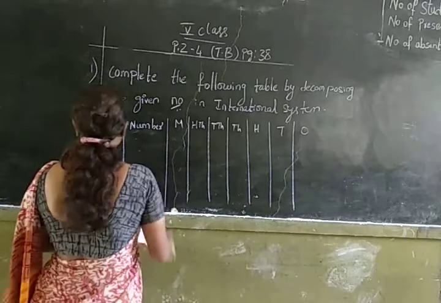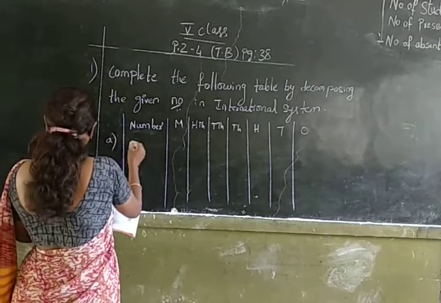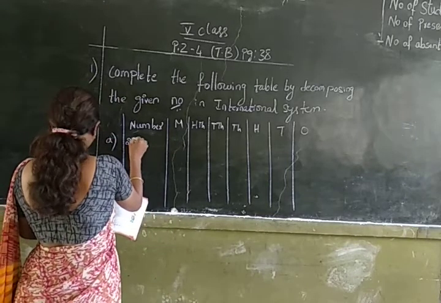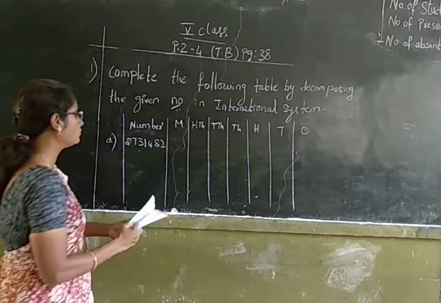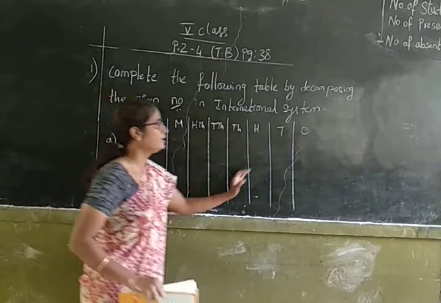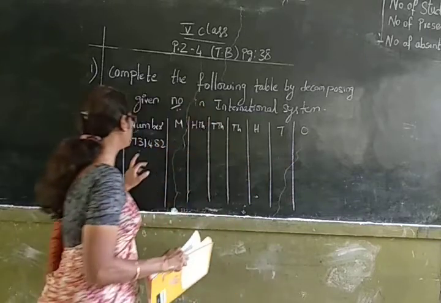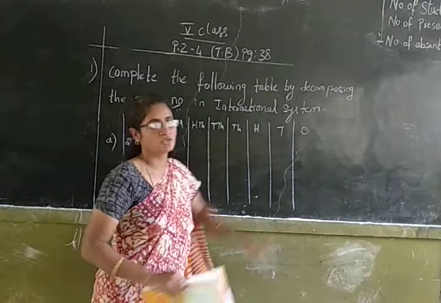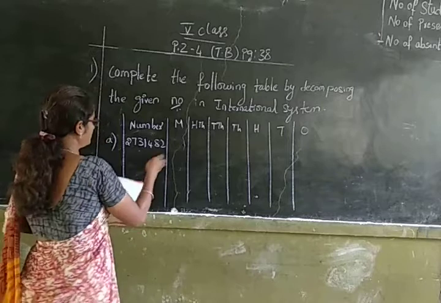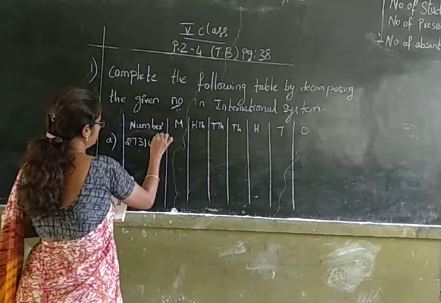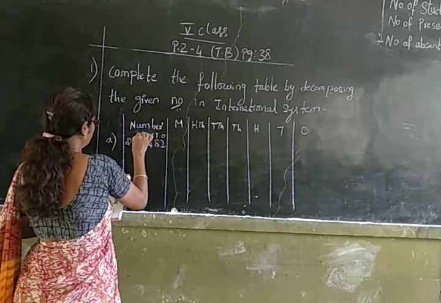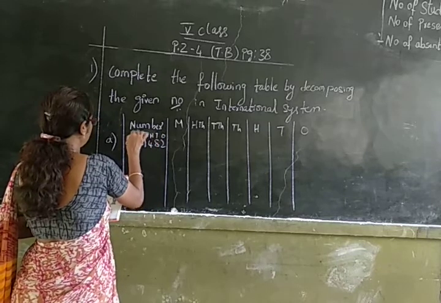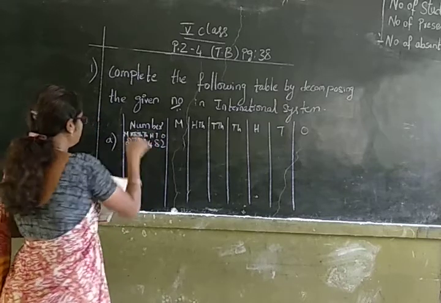Now here a number is given. Now you have to break it down according to the place values. Now let us write down the places here. This is ones, tens, hundreds, thousands, 10,000s, 100,000s, millions.